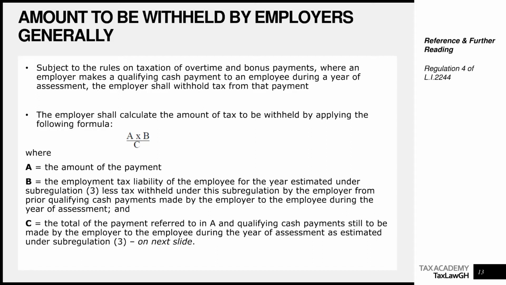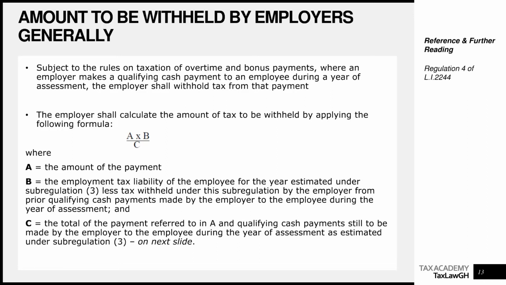So whatever the employment tax liability for the year is, take that, then you deduct, or less, tax withheld under this sub-regulation by the employer from previous qualifying cash payments made to the employee during the year of assessment.